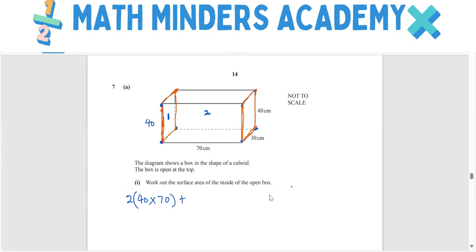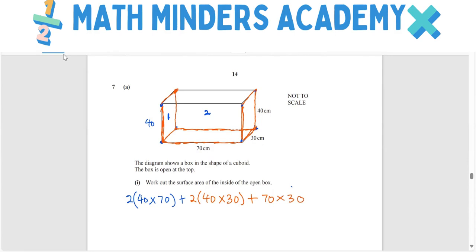That will give us 2 times 40 by 30, plus, so we take this base here, this rectangle here, we find the area of this. That is 70 by 30, okay?